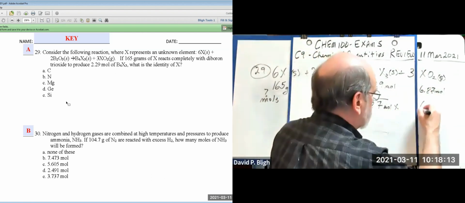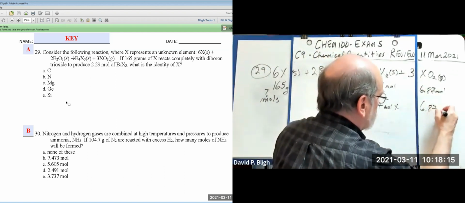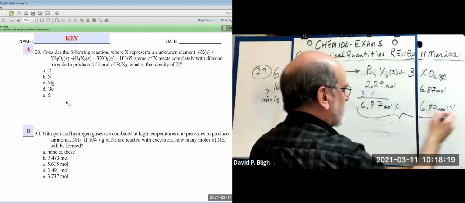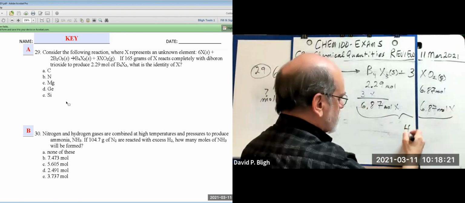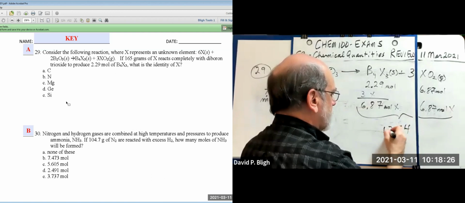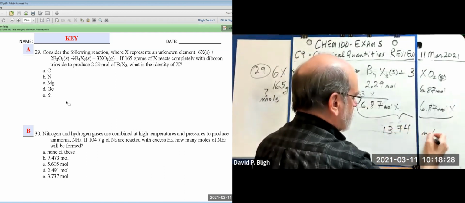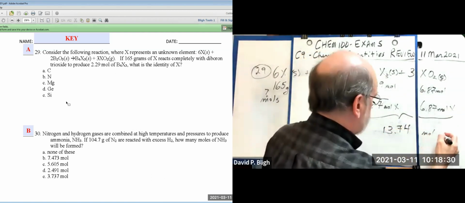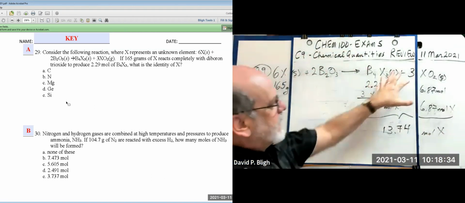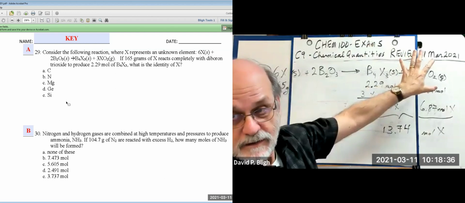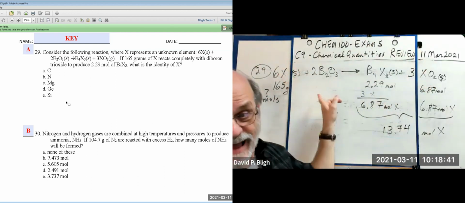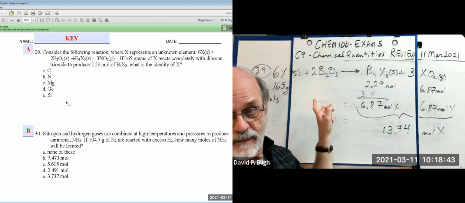So you got another 6.87 moles of X. So the total then is, let's see if I can do this in my head, 13 moles of X. So that's how many moles of X are on this side. How many moles of X are on this side? Exactly the same amount, right?